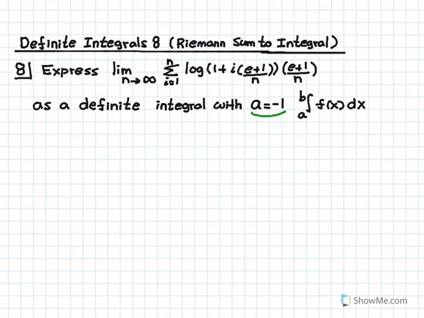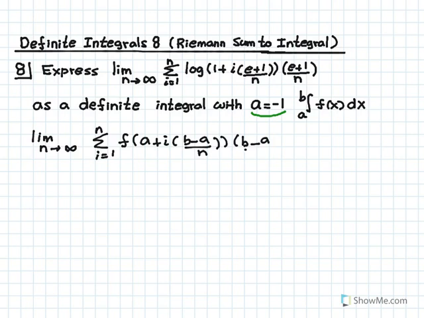So let's start with the definition of the right-hand Riemann sum formula. That's limit as n goes to infinity, sum i goes from 1 to n, f of a plus i times (b minus a)/n, times (b minus a)/n, is equal to the integral from a to b of f of x dx.